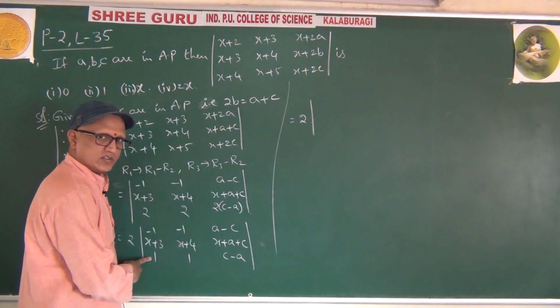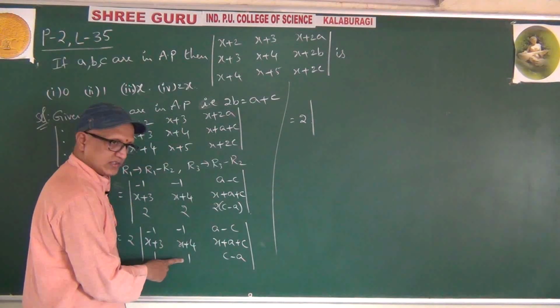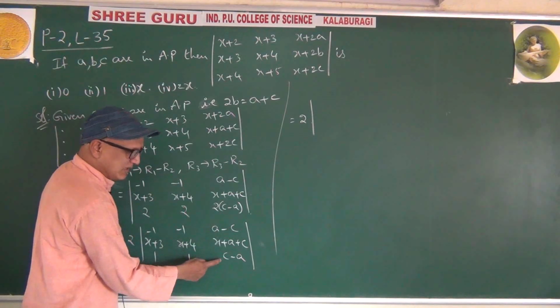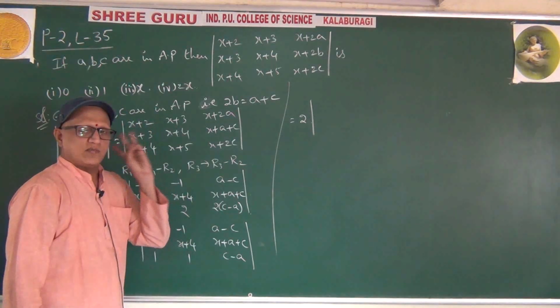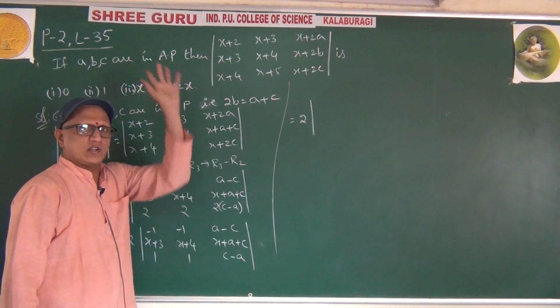Minus 1 plus 1 is 0, minus 1 plus 1 is 0, a minus c plus c minus a is 0. In one row, 3 zeros, so we got the answer 0.